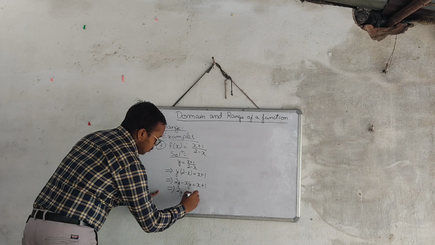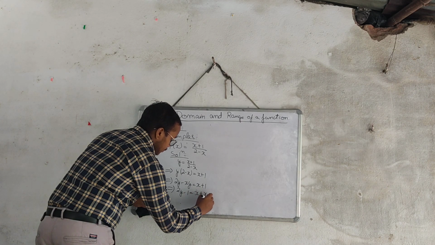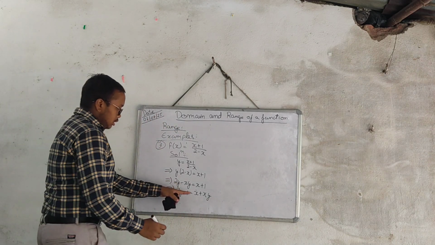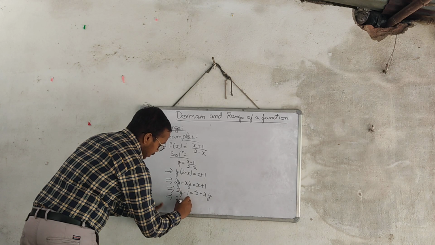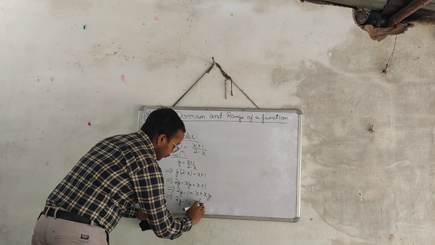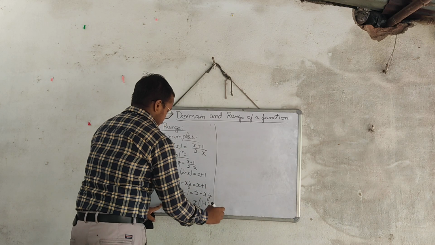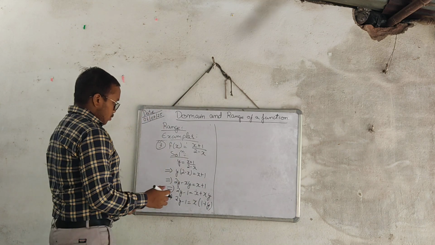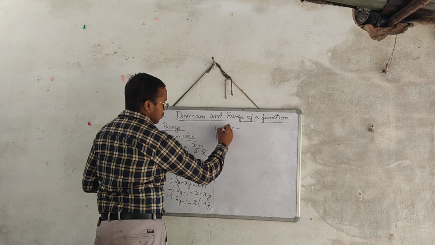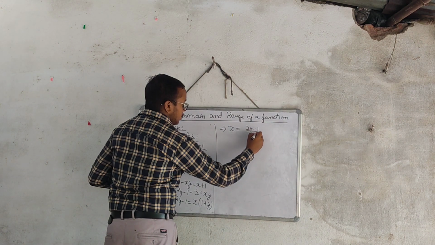2y minus 1 equal to x plus xy. Now here we see that, taking x common, we'll get x times (1 plus y). Now we'll shift this 1 plus y here. x is equal to (2y minus 1) by (1 plus y).